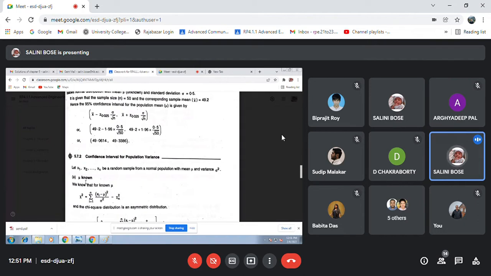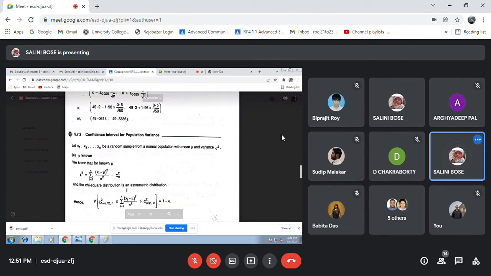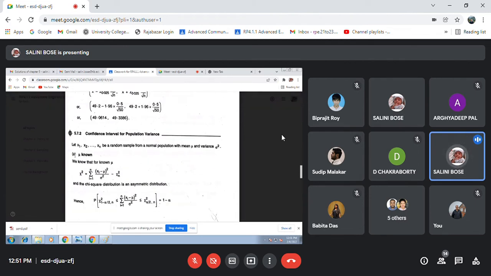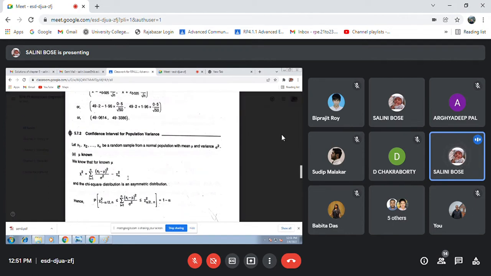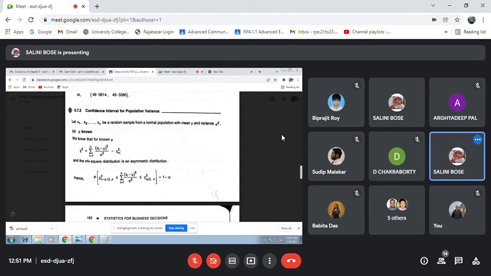In this case, when we find the variance, we have to use the chi-square distribution. If mu is known, we can write chi-square is equal to this formula, which is already known, and this n is the degree of freedom.